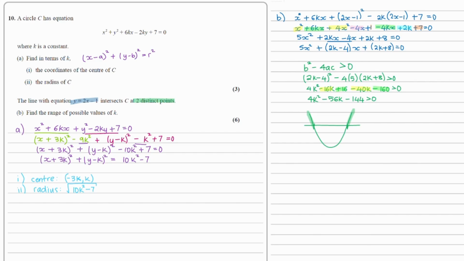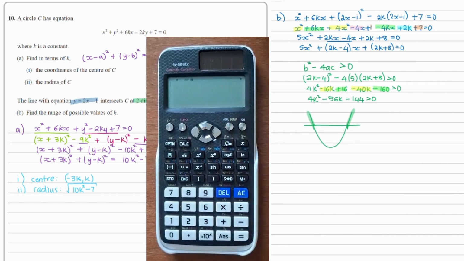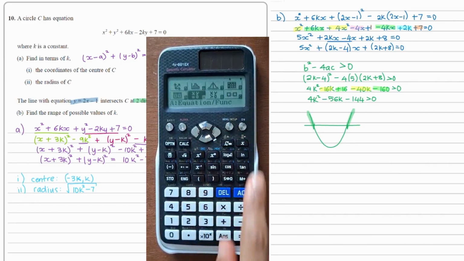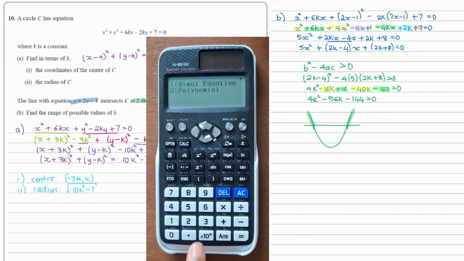So if we use the calculator to solve this equation, we can first go to menu and go to equation. We then select 2 for polynomial. We then select 2 again for degree 2. The a value is 4, the b value is minus 56, and the c value is minus 144.